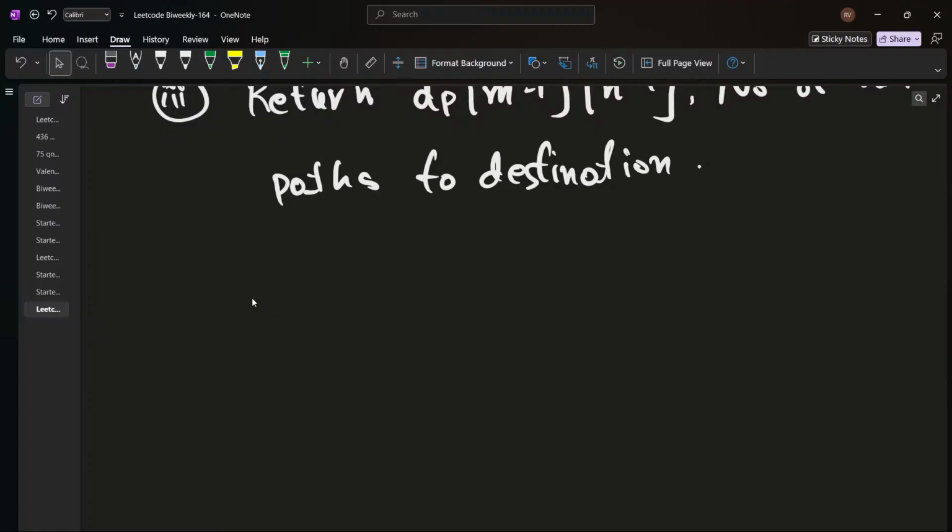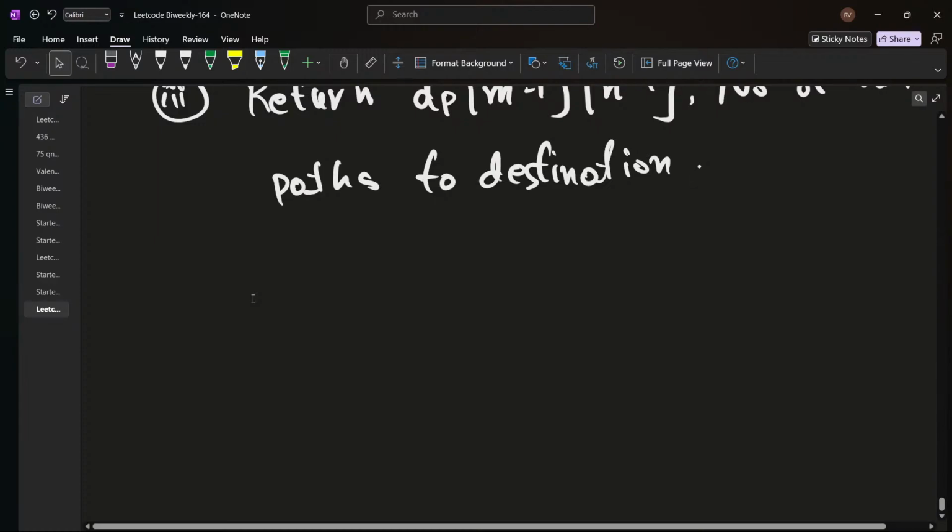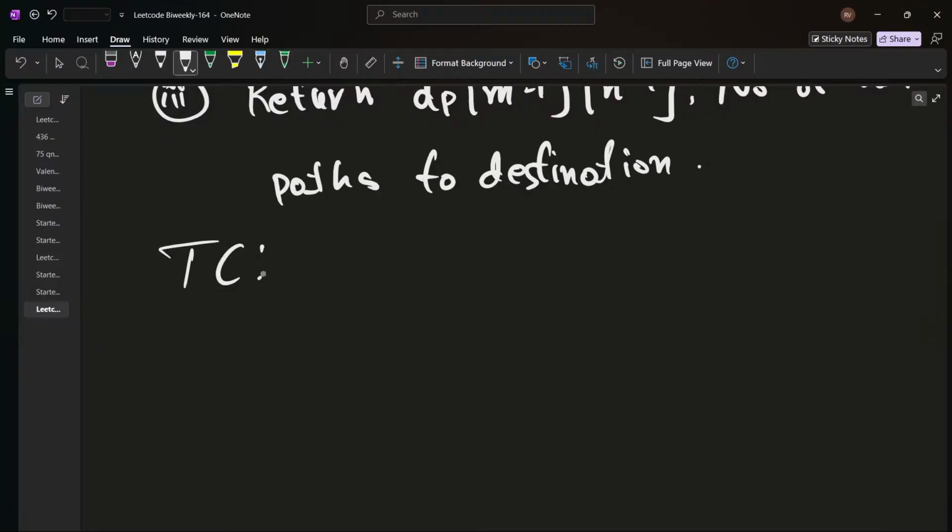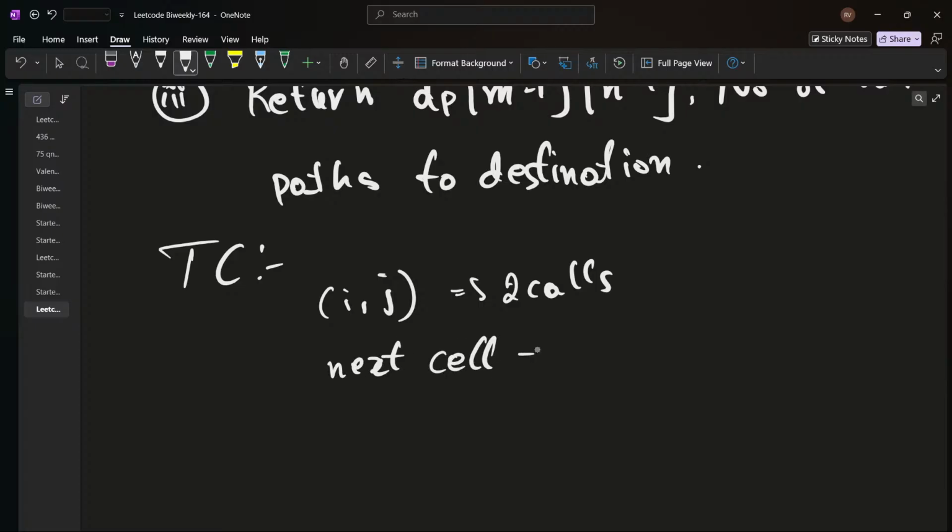Now I'll go to the time complexity directly. Each (i, j) has two calls, and the next endpoint, which is the next cell, is memoized, so it's computed once.